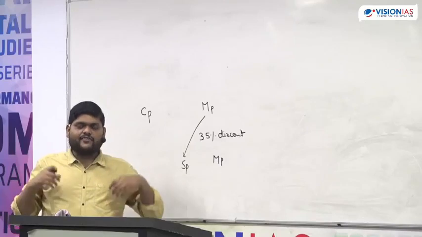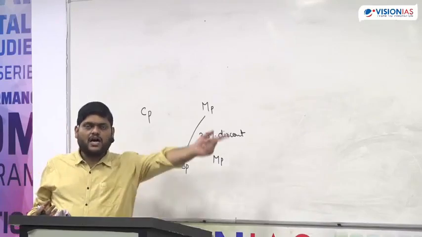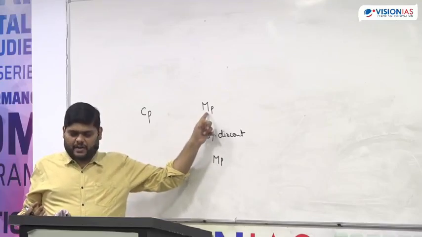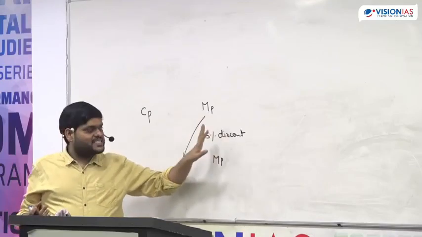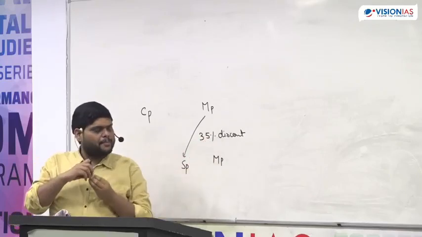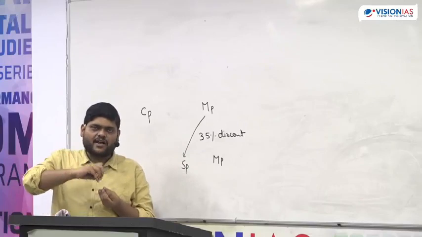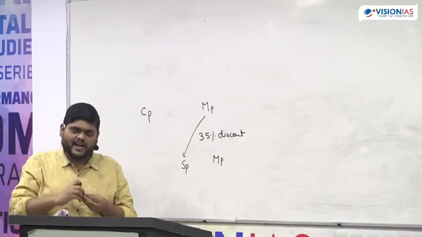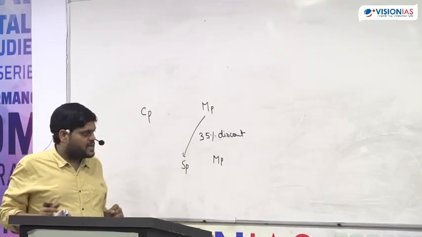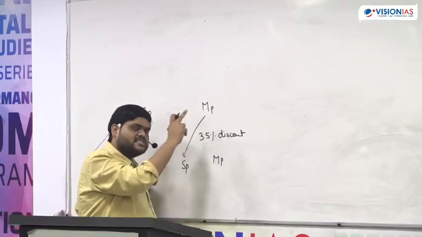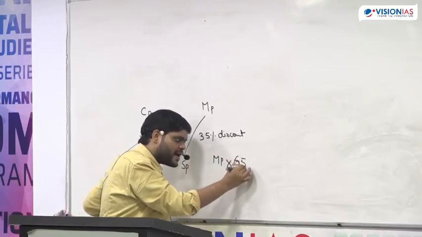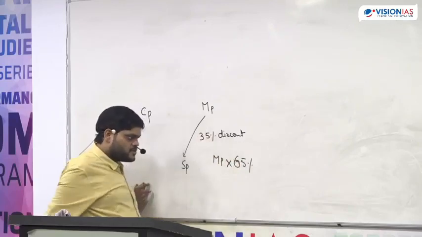Decrement. And in which value decrement? I told you, the discount is always calculated on MP, market price or tag price. That means whenever 35% discount is there, that means 35% decrement in the market price. So when market price is decreased by 35%, that means the market price becomes 65%, or not?